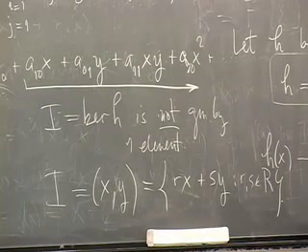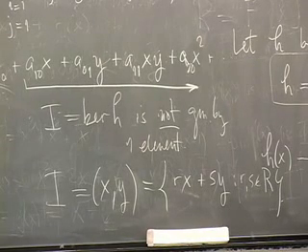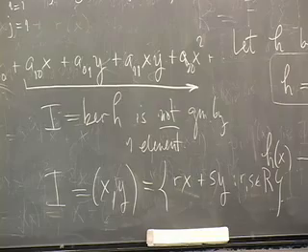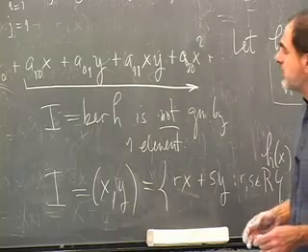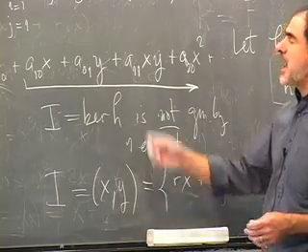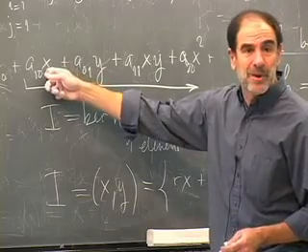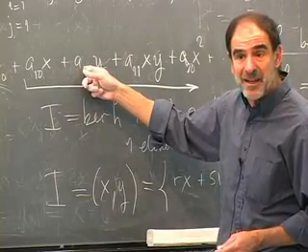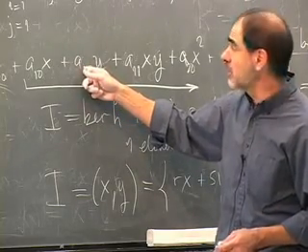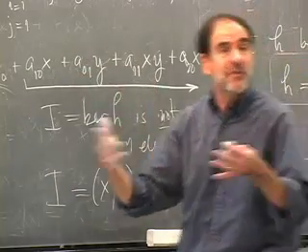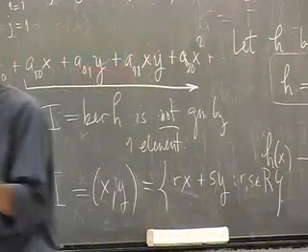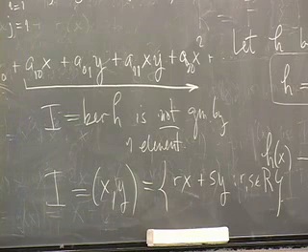But it can't be generated by a single element. So you just have to sort of wave your hands at that. I mean, how could it be generated by a single element? Then x would have to be a multiple of that element, but also y would have to be a multiple of that element. And the only things that x and y are both multiples of are constants. And there are no constants in the ideal except 0.